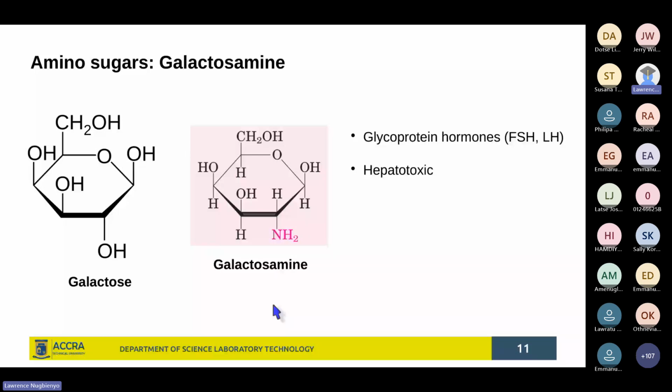Now, what you should pay attention to here, don't get confused when you see some of these structures that the hydrogens are not written. They are the same. It's known that there is hydrogen there. So even if the hydrogen is not written there, it is known that it's there. On the right side, the hydrogens are written, but on the left, in the galactose molecule itself, you don't have hydrogen written there. So don't get confused about that. It's the same thing that is being shown. You can choose to write it, you can choose not to write it.